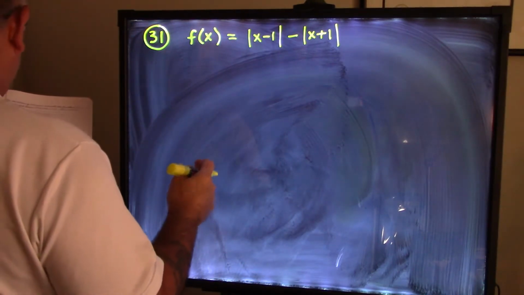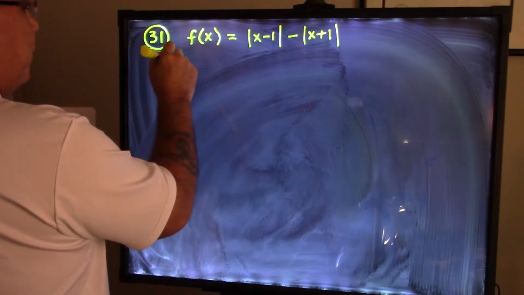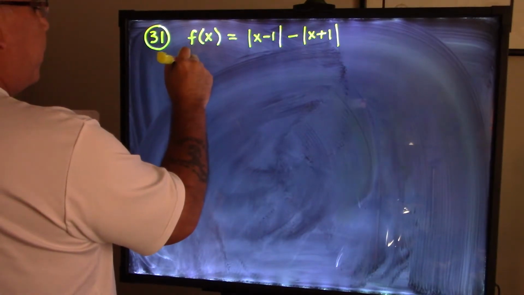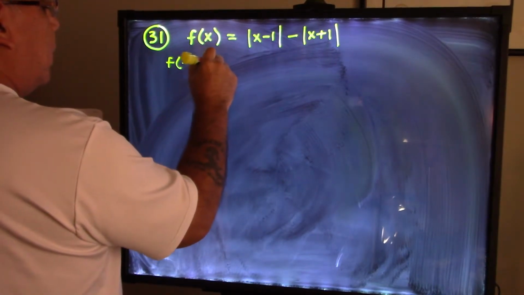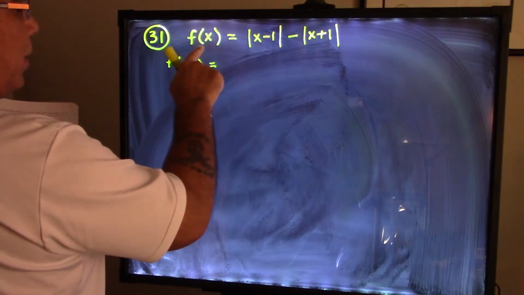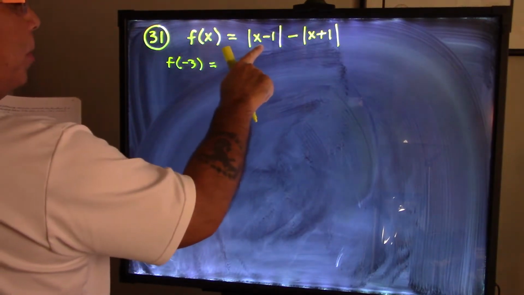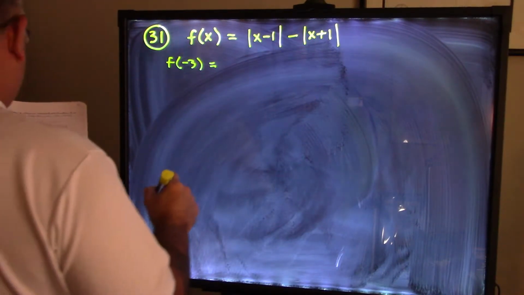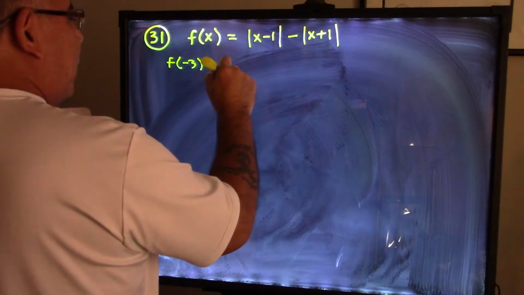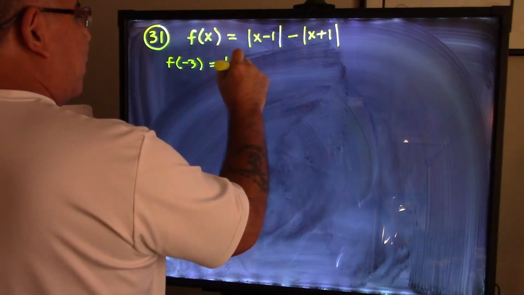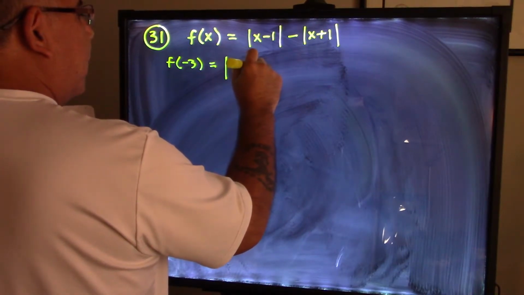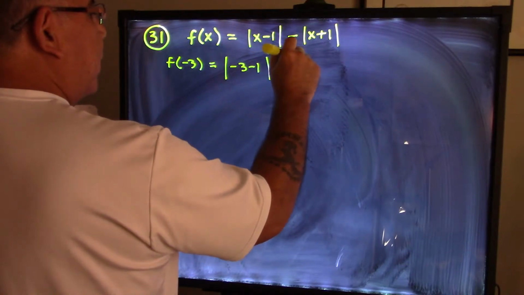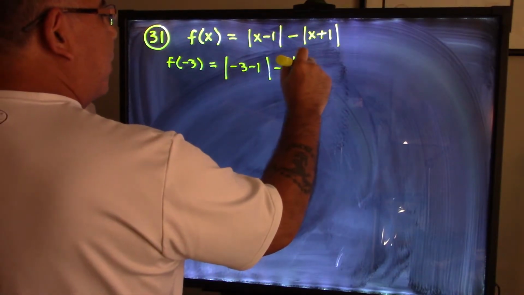Let's see. We have f of -3. So everywhere there's an x, you put in -3 in the formula. Right there and right there. So we've got absolute value of -3 minus 1 minus absolute value of -3 plus 1.